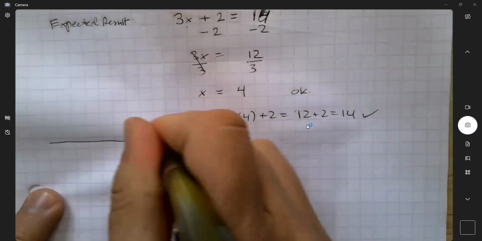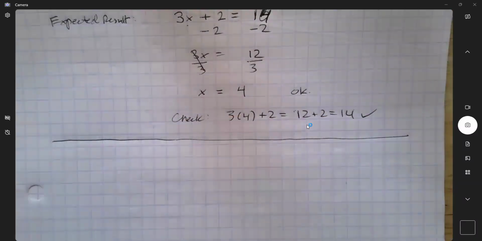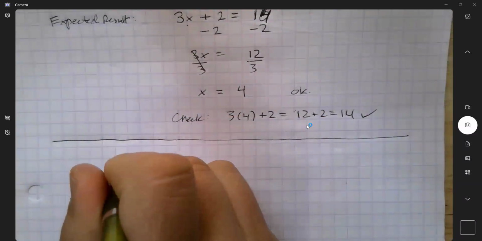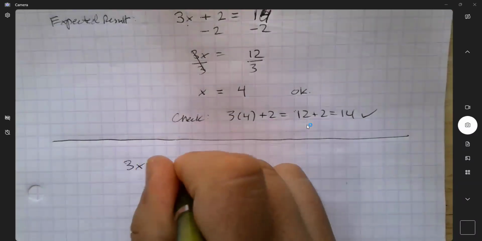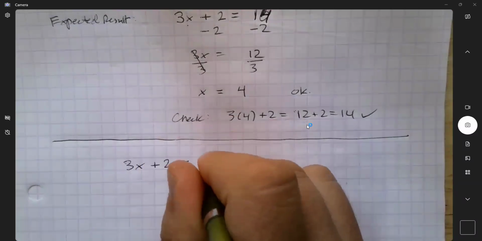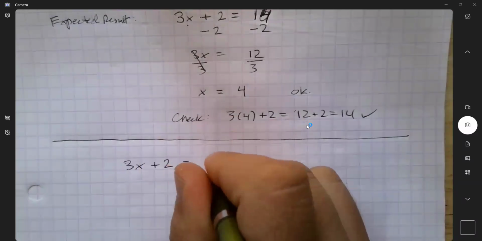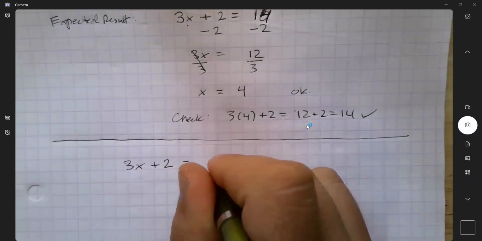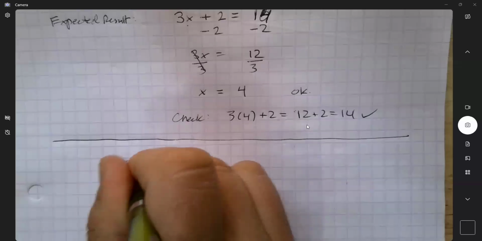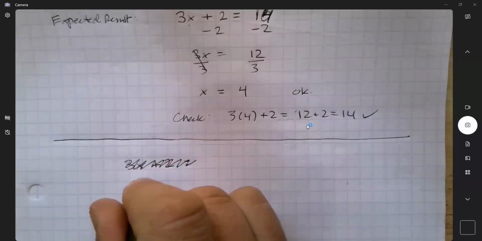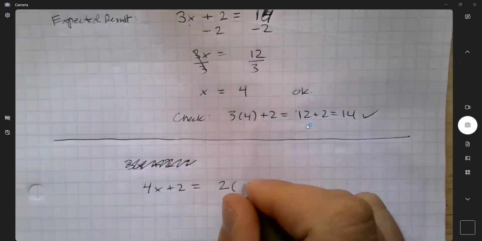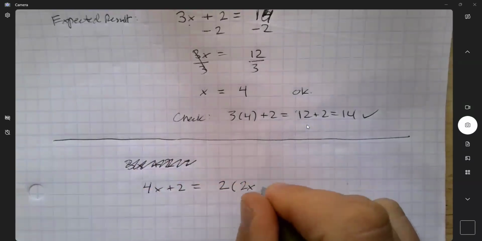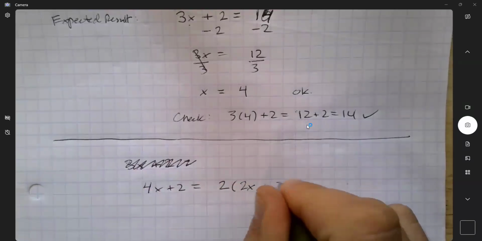For example, let's change it up. Let's say it's 4x plus 2 equals 2 times 2x plus 8.